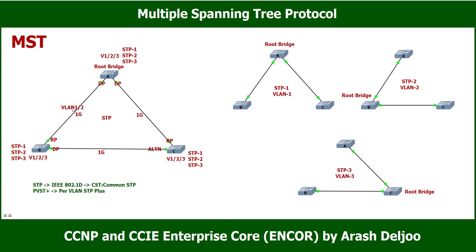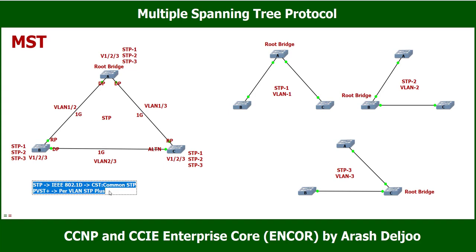Actually, this is in forwarding for VLAN 1 and VLAN 2, and the link between switch A and switch C is forwarding for VLAN 1 and VLAN 3. Okay, and as you know, the link between switch B and switch C is forwarding for, for example, VLAN 2 and VLAN 3. Okay, this is the benefit of the per VLAN STP Plus.